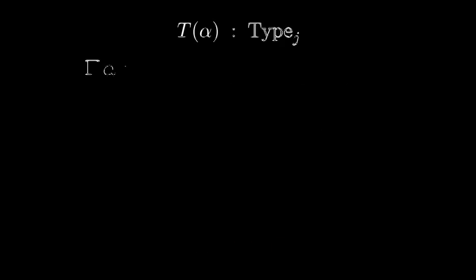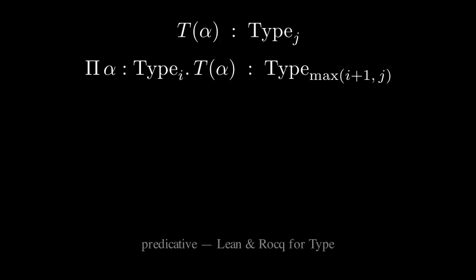Here's the question that decides the shape of the whole system. If you quantify over every type in some universe u, where does the result live? The cautious answer, and the one Type universes use in Lean and Rocq, is predicative. If the body T of alpha lives in Type j, the whole Pi lands at the higher of j and i plus 1.